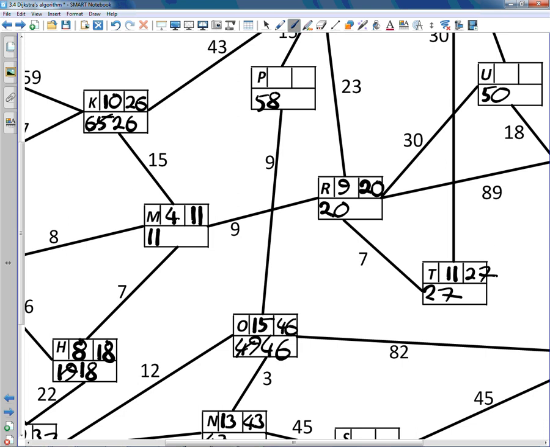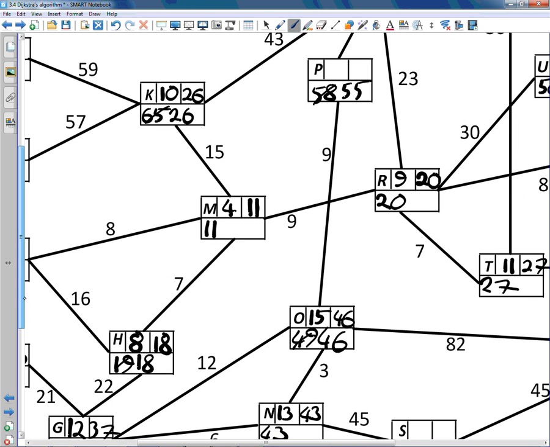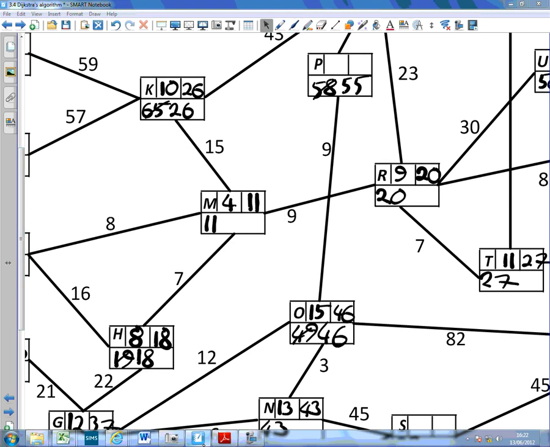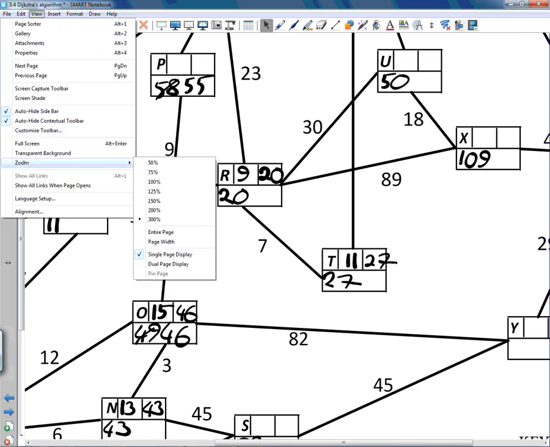Let's think of the implications. We can go to P for the second time, but that's 9 add 46, which gives us 55, which is an improvement, so that's nice. Where else can we go? I don't think we can go backwards to here because this is connected down here, but we can go to, let me just not zoom out quite so much, I think.